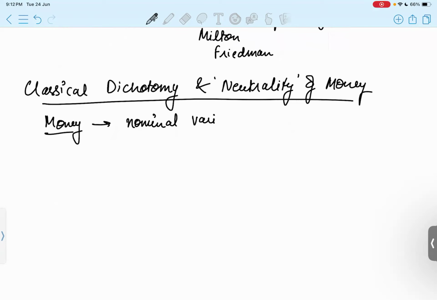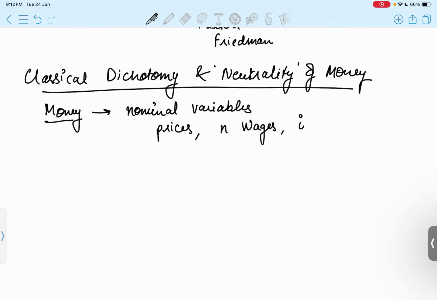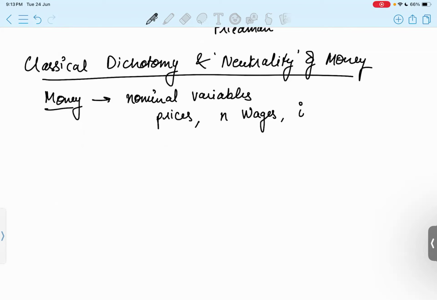Nominal variables include, for example, the prices in the economy, nominal wages, and the nominal interest rate also. So that is why we say money only impacts nominal variables, or in other words, money's impact on deciding the real variables is neutral.